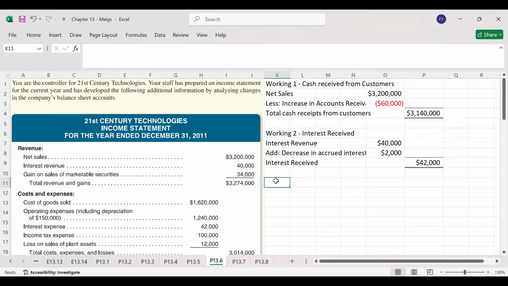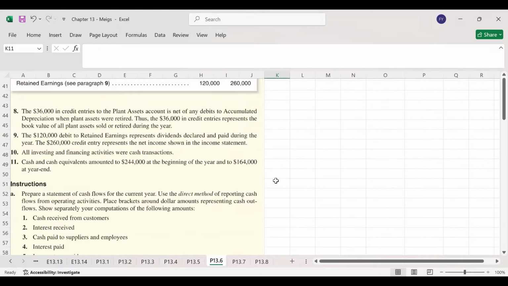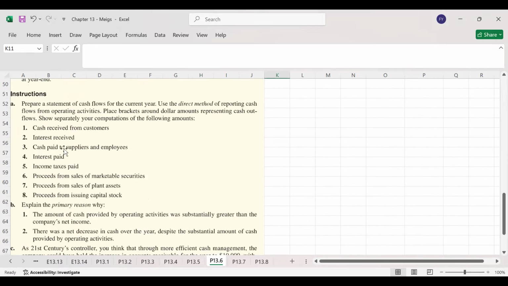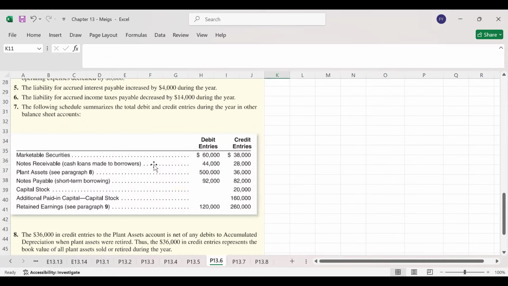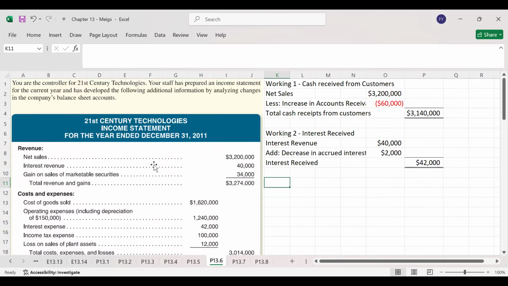Then we have working three, which is related with the cash paid to suppliers and employees. This is one of the longest workings or calculations while preparing cash flows from operating activities, because it has so many adjustments: cost of goods sold, increase or decrease in inventory, then accounts payable, and then operating expenses, including depreciation or any prepayments and so on.